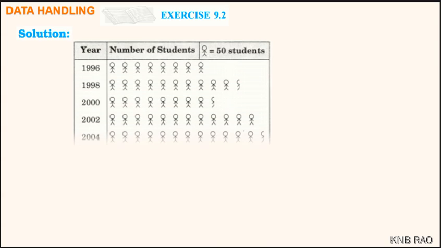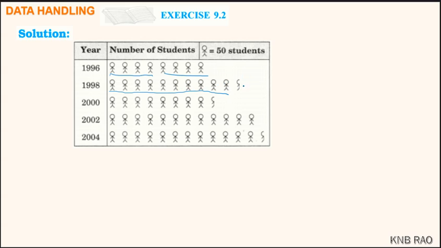Now in sub question B, I am using the same figure again. To represent 50 students, I have used 1 symbol. In 1996, for representing 400 students, I have used 8 symbols. To represent 535, I used 10 symbols: 1, 2, 3, 4, 5, 6, 7, 8, 9, 10 to represent 500.